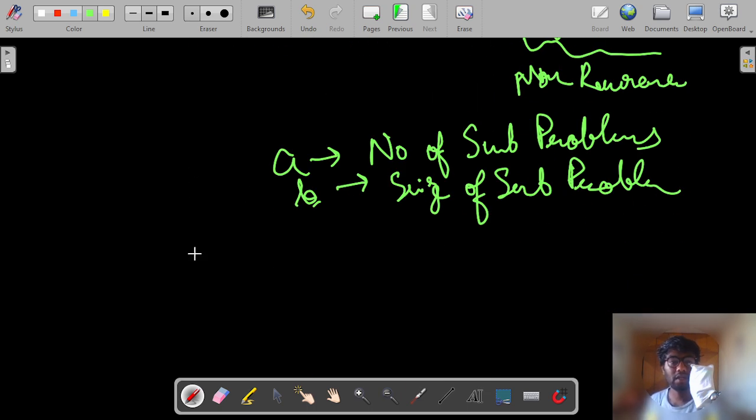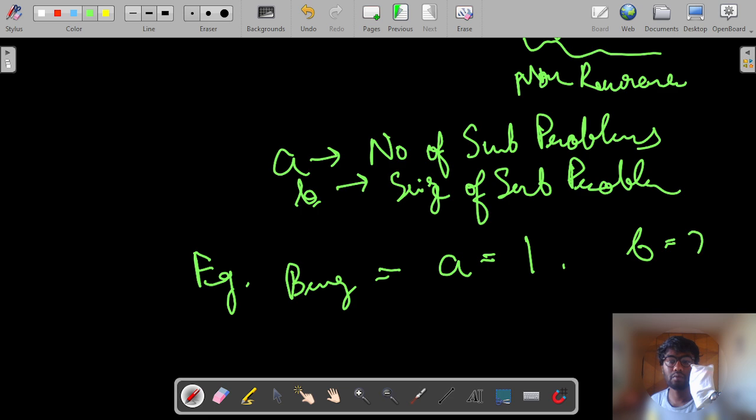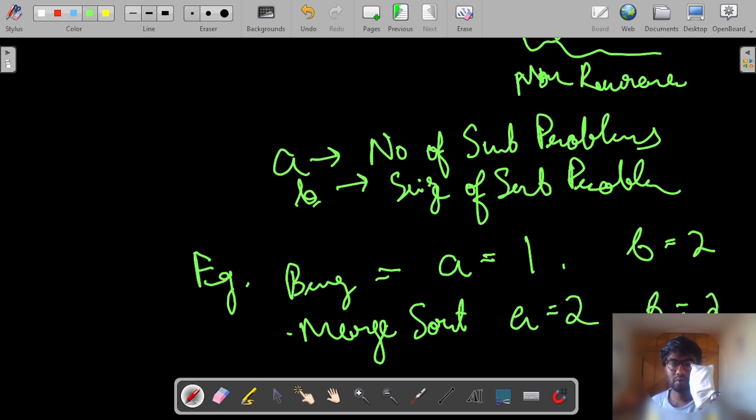Let's say we can also take an example of binary search, where a is equal to 1 and b will be 2, and we can replace the values of a and b in the master theorem, and we get an equation. And similarly, in merge sort, we get a is equal to 2, b is equal to 2, and we get another master's theorem equation, right?